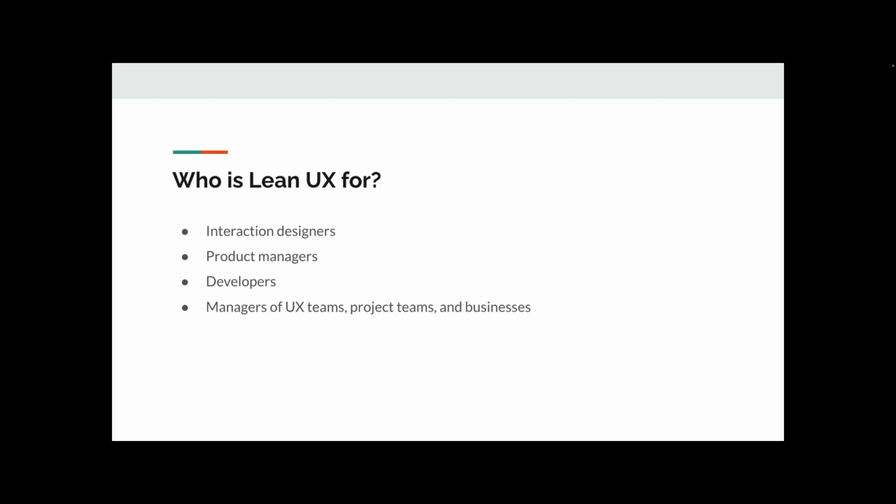Everybody will be a part of lean UX. It's not just for a designer or a product manager. It's not just for sales or marketing team. It's not just for developers, right? Everybody can be a part of the lean UX process, lean UX ideology, lean UX mindset, and then think about building and shipping the right feature with iterative development and not doing anything that is not useful to the customer.